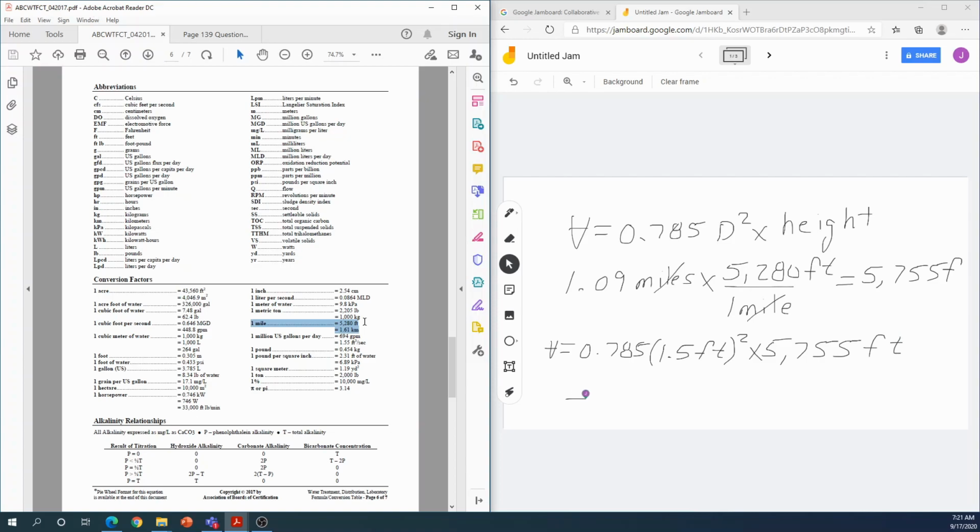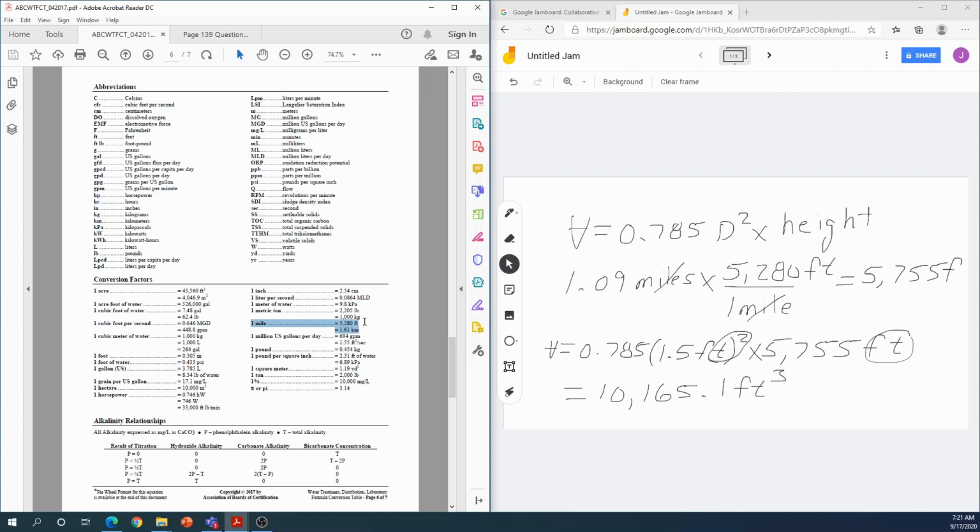This is going to give us a volume of 10,165.1 feet cubed.